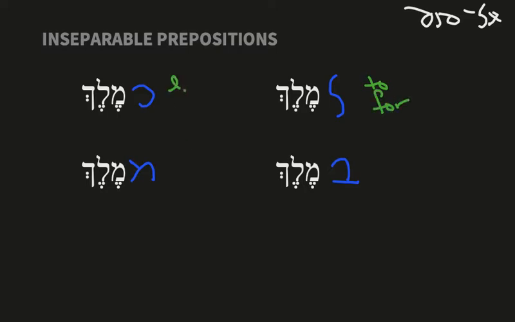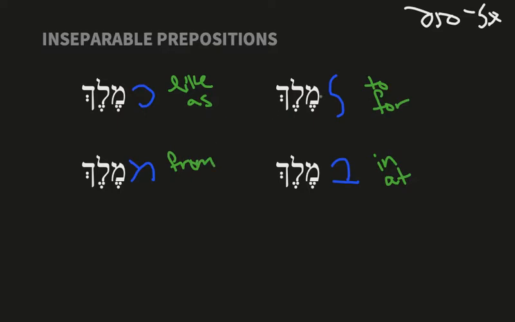Ka means like or as. Ba means in or at. And min means from. And there are other translations which we'll discuss in a second.